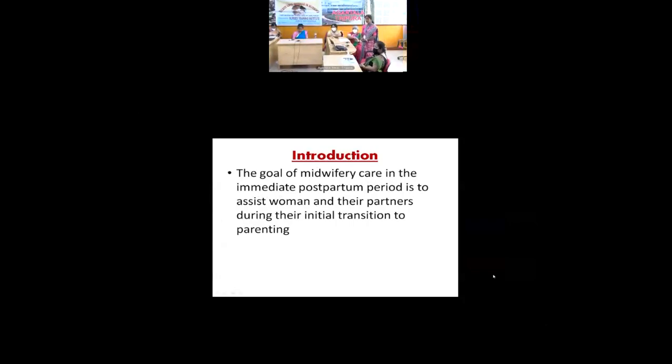So, in the introduction of this postpartum care, I can say these things. The goal of midwifery care in the immediate postpartum period is to assess women and their partners during their initial transition to parenting. So, we can say how they will accept this mother and the baby. When a new person comes into our family, we are happy and we take this baby.